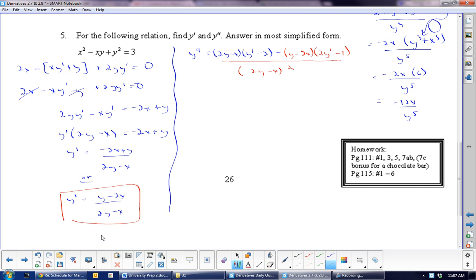Okay, we have no choice. We do have to FOIL the top, FOIL the bottom. Remember that negative sign also has to go into that set of brackets.